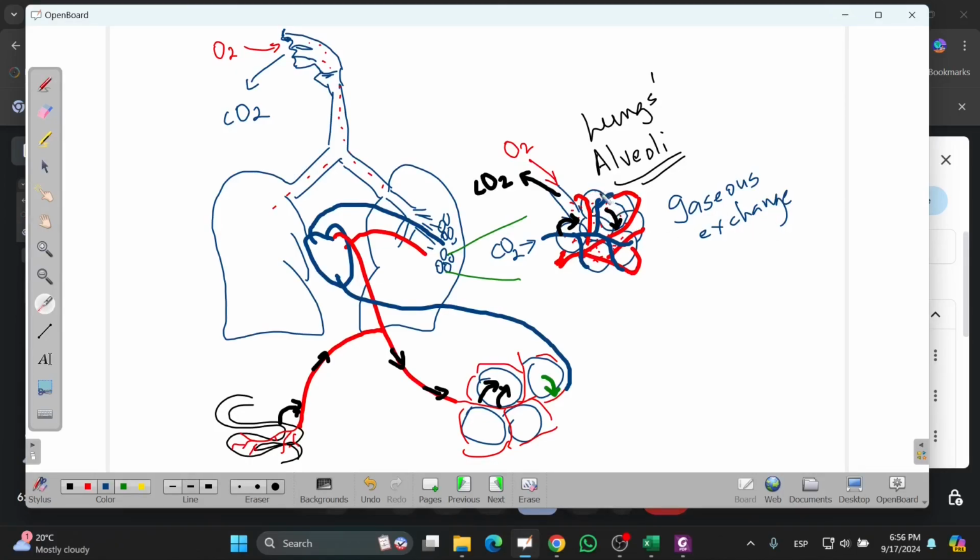Oxygen goes from the alveoli into your blood and carbon dioxide comes out of the blood into the alveoli. That's why we call it gaseous exchange. And in your cells, there is also diffusion when oxygen and glucose leave the blood and carbon dioxide enters the blood by diffusion.